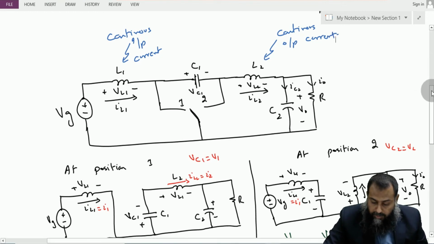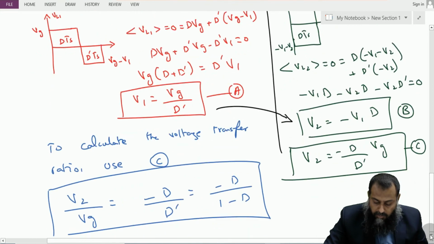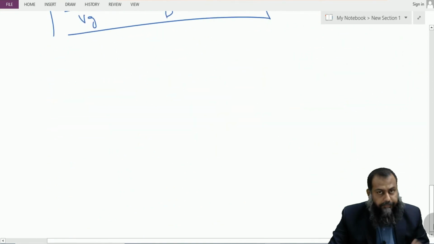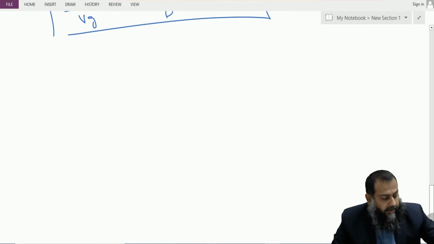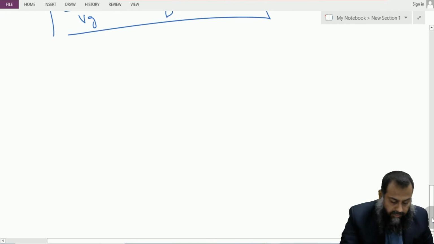So in the next step, we have to find out the values for the components that are used in this particular converter. For that, let us first of all find out the capacitor value for C1.